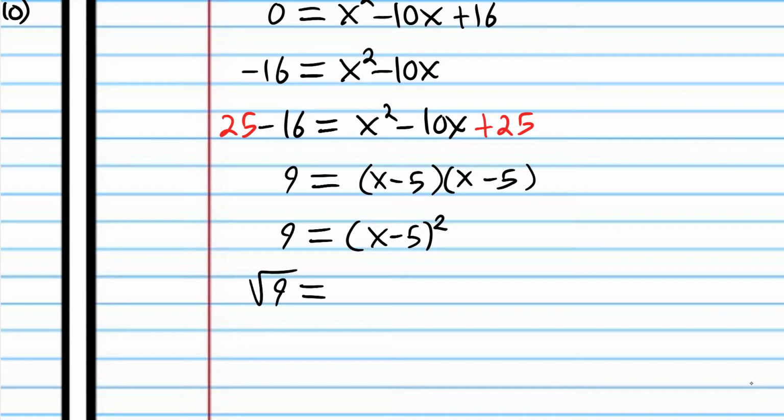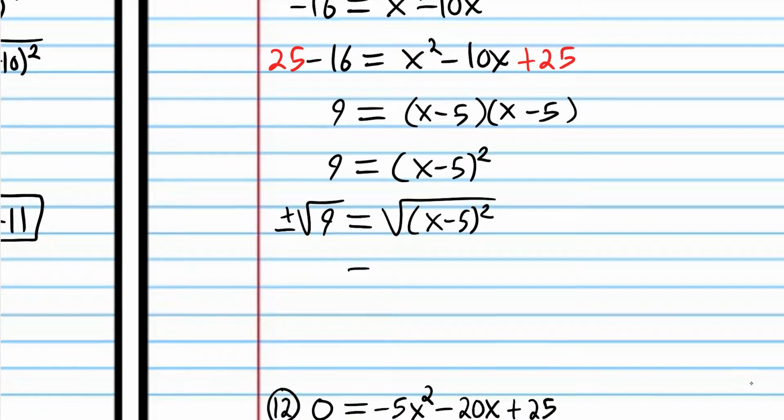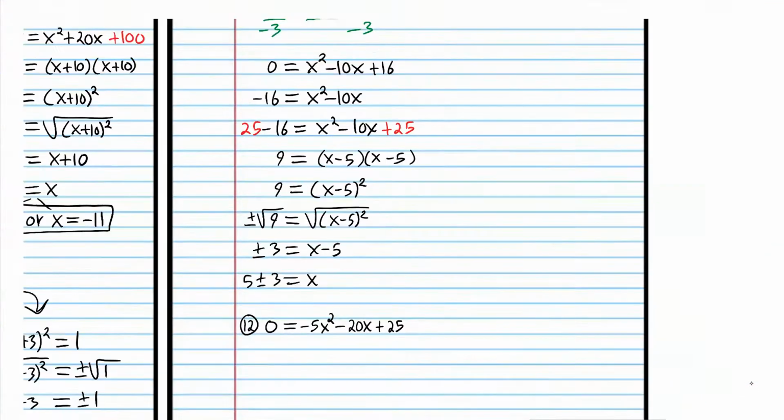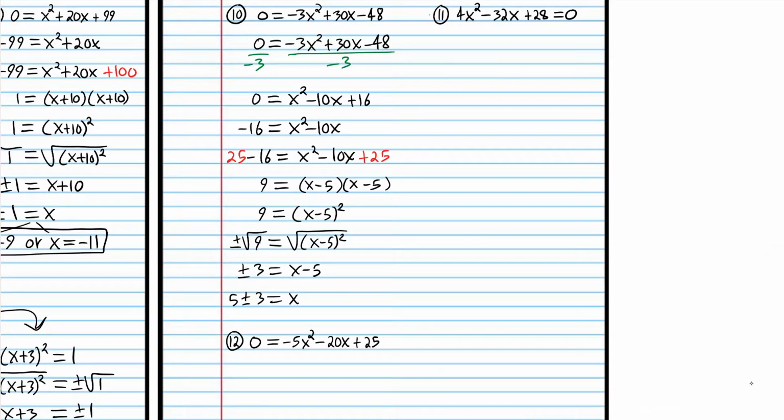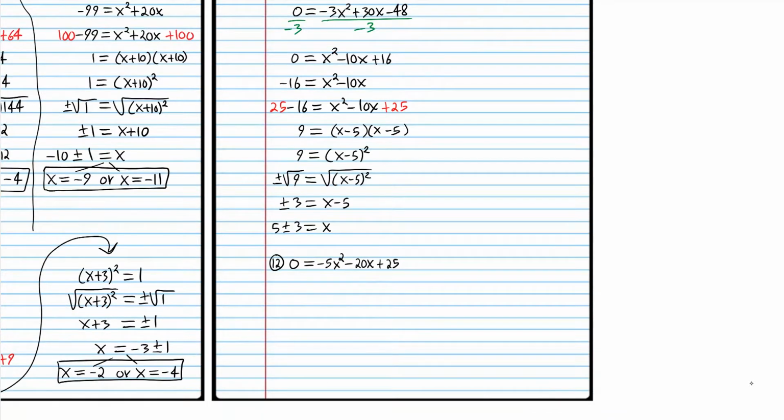And now it's in power notation. We can square root both sides. And we get x minus 5 is equal to plus or minus 3. And therefore x is equal to 5 plus or minus 3. And it looks like we're going to have to move this down a little bit.